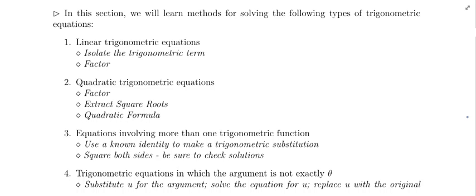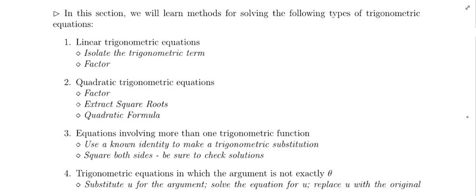Okay, so the first type of trigonometric equation we're going to look at is a linear trigonometric equation. So the methods you can use to solve that type of trigonometric equation, you can either isolate the trigonometric term, or factoring may work. And then we're going to take a look at quadratic equations.